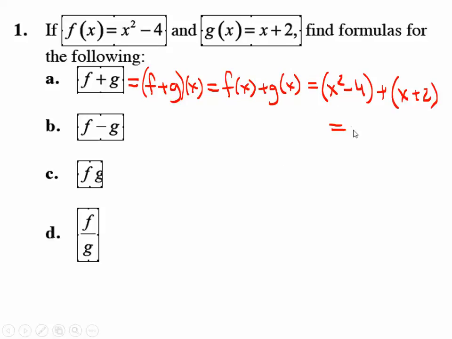The x squared has no like terms, so that stays. X has no like terms, so that's just x. And then negative 4 plus 2 means minus 2. So I've added that up together. Everybody good there? I'm just putting together like terms. That's all I did.